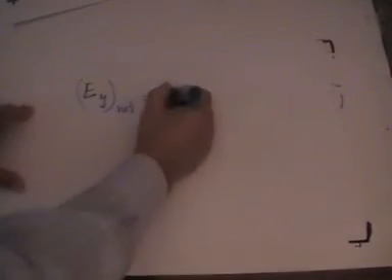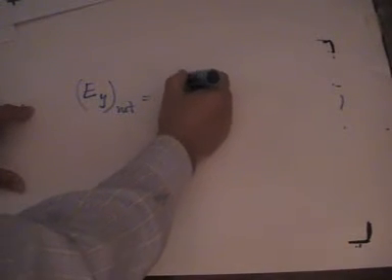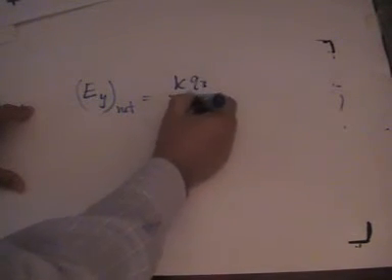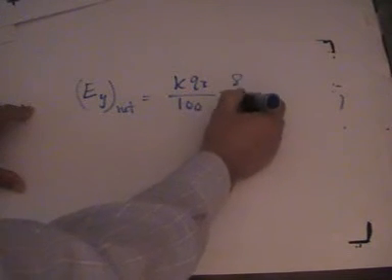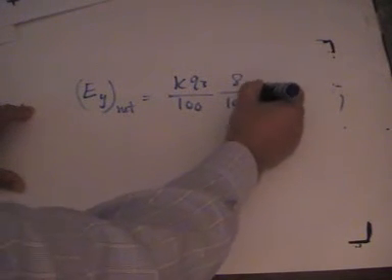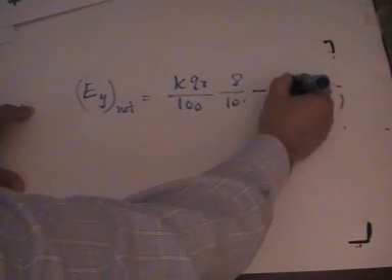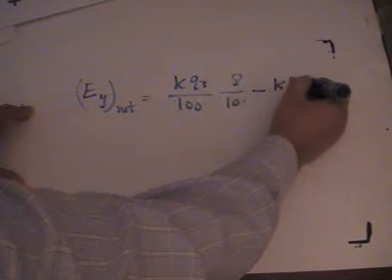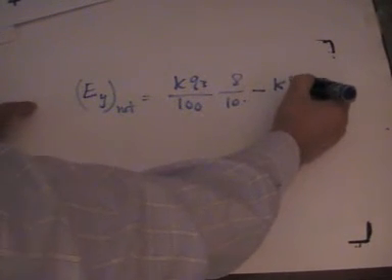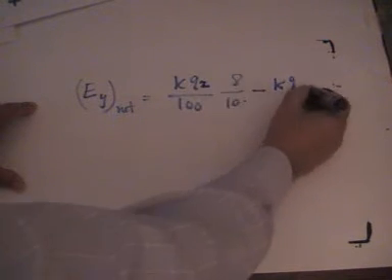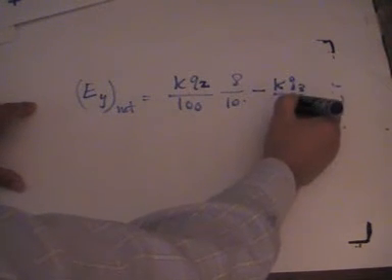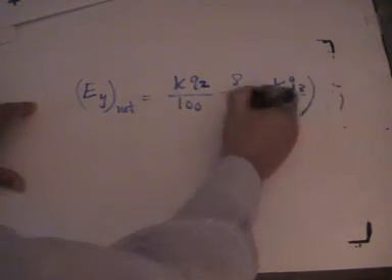my E3y, which is positive, KQ3 over 100, 8 over 10, minus my E3, which is the first one, which is KQ, this is Q2, sorry, it's Q2 divided by 64, and this is along the j hat. Did I say here Q?